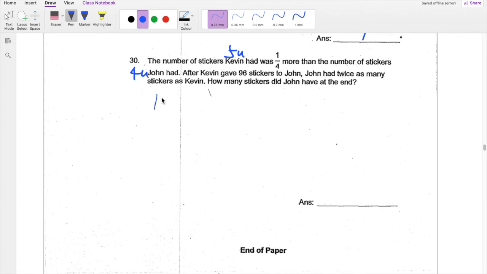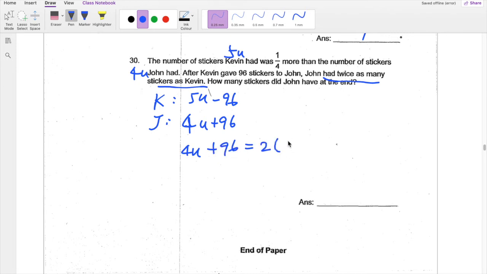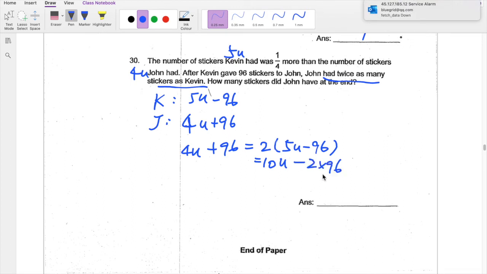Well, after giving, Kevin would have 5U minus 96, right? Then how about John? Well, John received 96, so it's 4U plus 96. Based on this, we can make a formula: John has twice of Kevin, so this one is 10U minus 2 times 96.